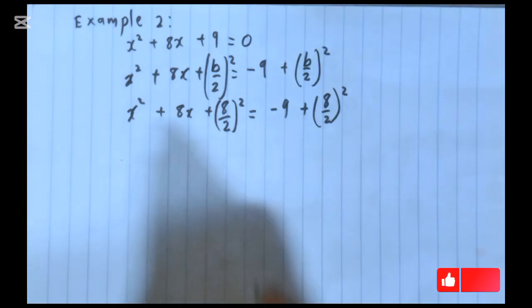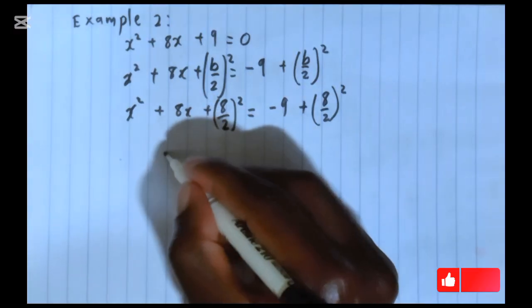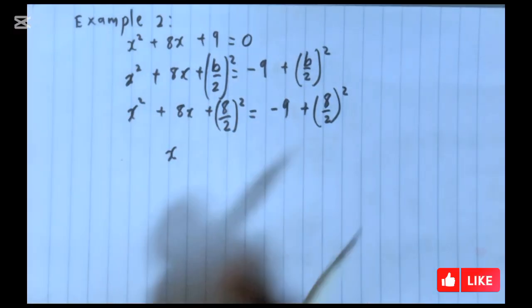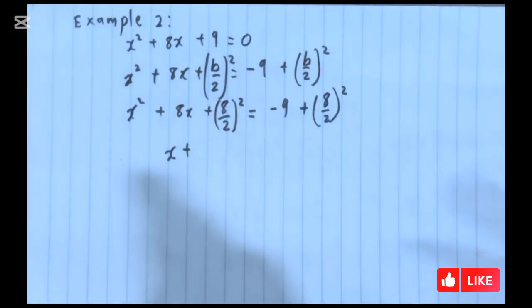as you also simplify what we have on the right-hand side. To find the factorized version, we take x plus 8 all over 2, which we already know is 4.